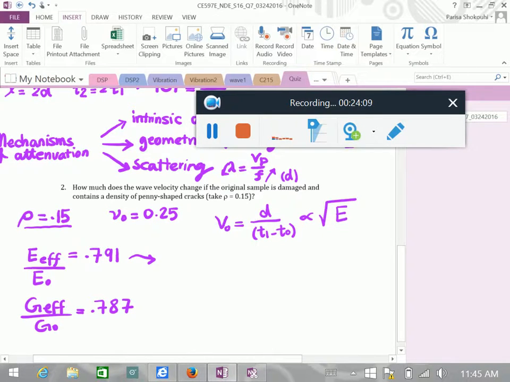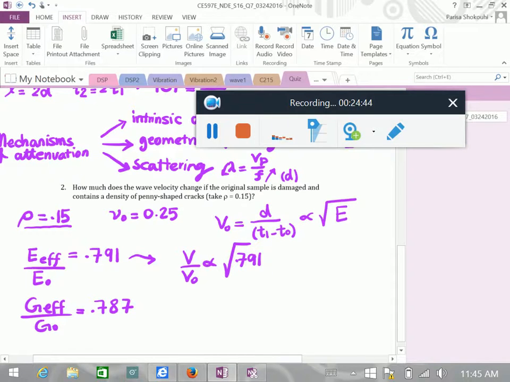If we assume that the Poisson's ratio is not changing that much, you can say that the V in the second scenario compared to the first scenario would be proportional to basically what you have.